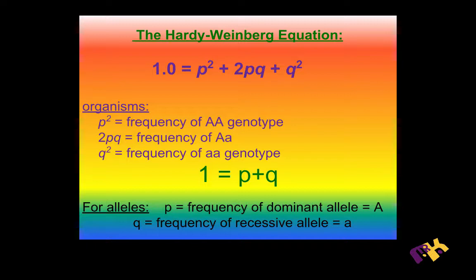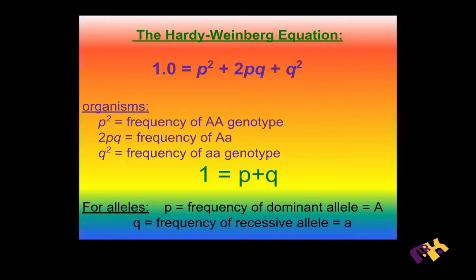So whatever p squared is, it equals the frequency of the homozygous dominant genotype. 2pq represents the frequency of the heterozygous genotype, big A, little a in this example. And then q squared represents the frequency of the homozygous recessive genotype.